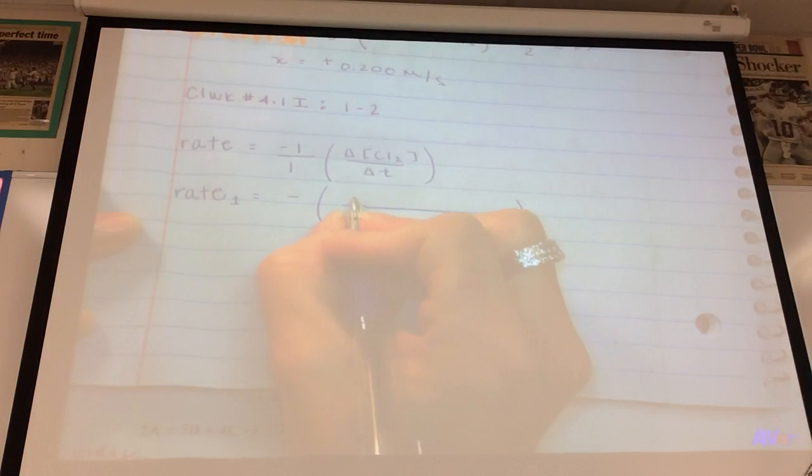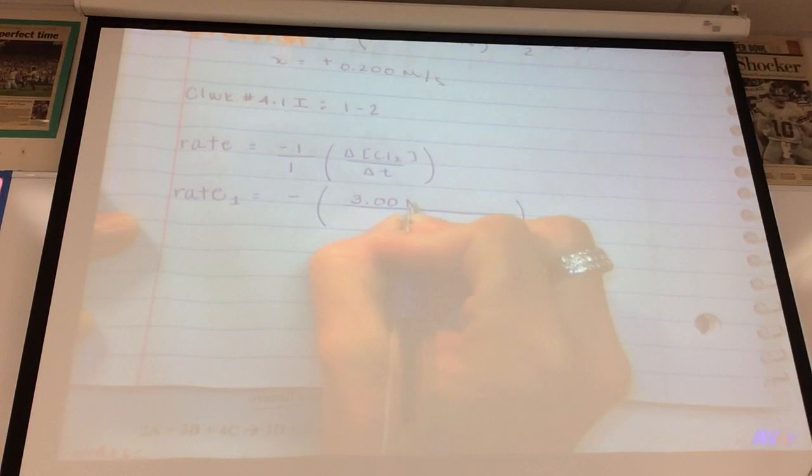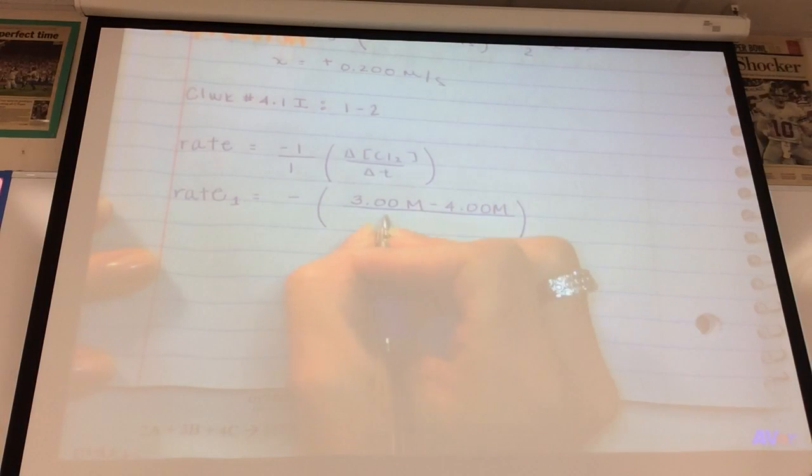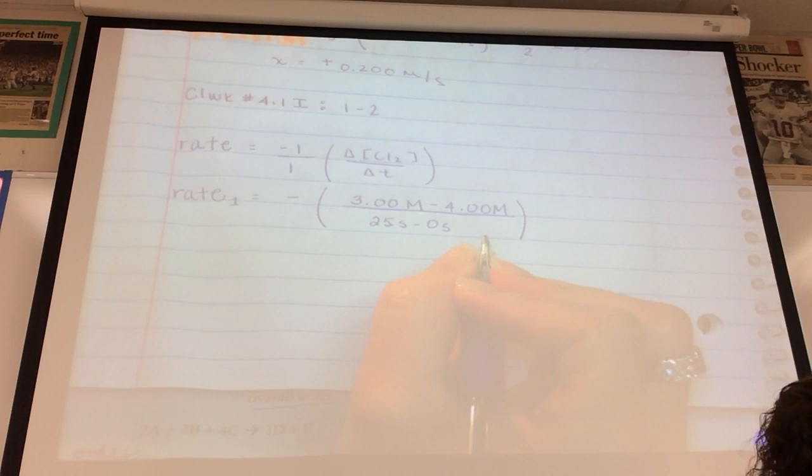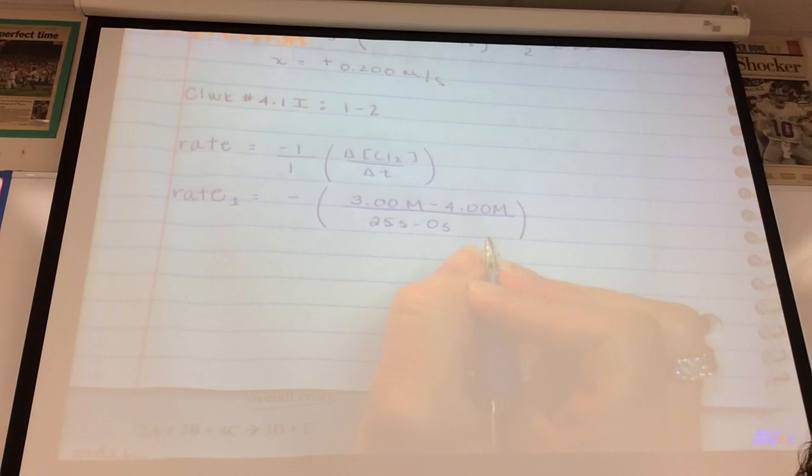So chlorine, in the first interval, you have 3 molar left, but you started with 4 molar, so you're going to subtract those. Very similar to getting the slope of a line. 25 seconds minus 0 seconds. So I've basically taken that second data line and I've subtracted the first data row, if you will, from it.